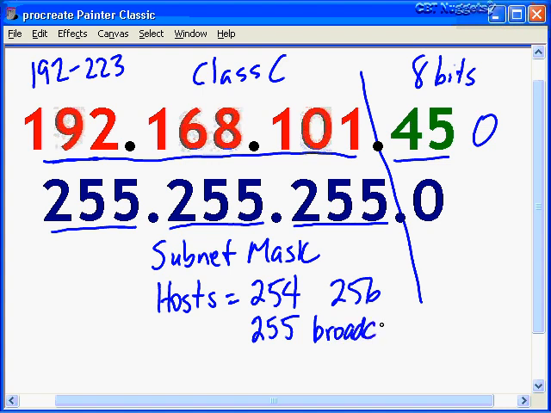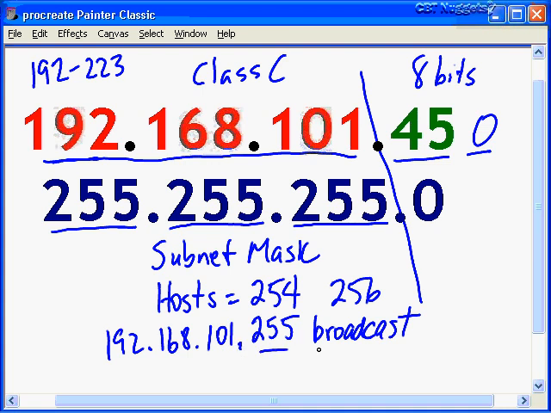In other words, if I want to send a packet to everybody, to every host, every node on the 192.168.101.0 network, then I would simply use the address 192.168.101.255. That's the broadcast address.